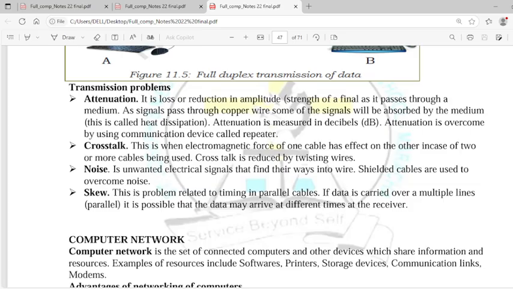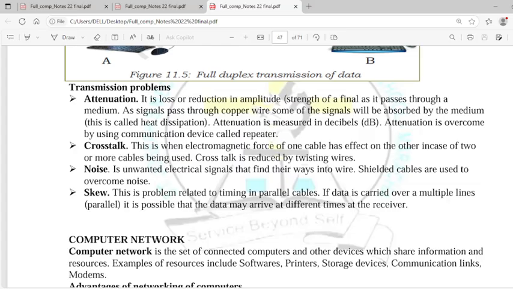So as signals pass through a copper wire, some of the signals will be absorbed by the medium. This is also called heat dispersion. Attenuation is measured in decibels, written as small d and big B.